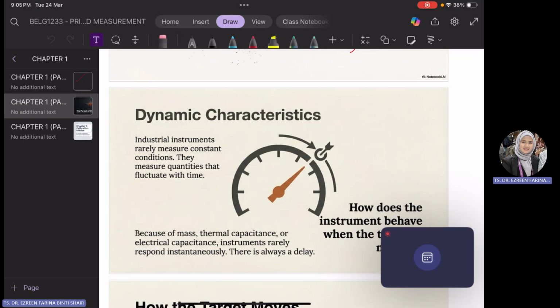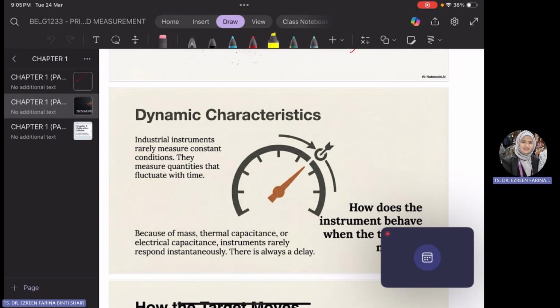For the dynamic characteristic, the industrial instrument rarely measures a constant condition. In our daily life, usually the measurement made is dynamic measurement. We rarely encounter static measurement. Why?